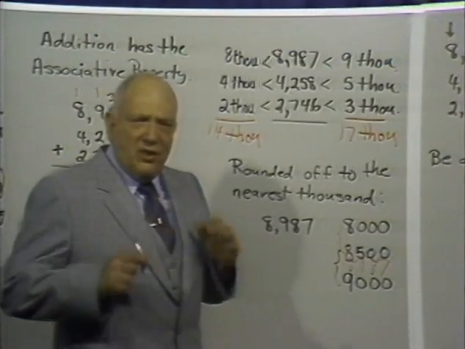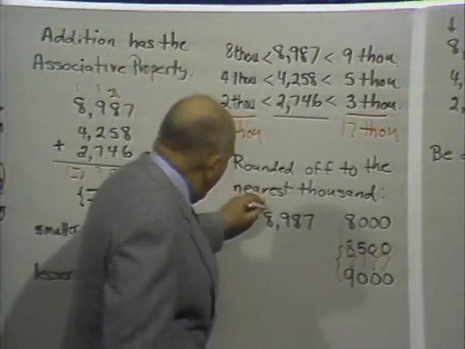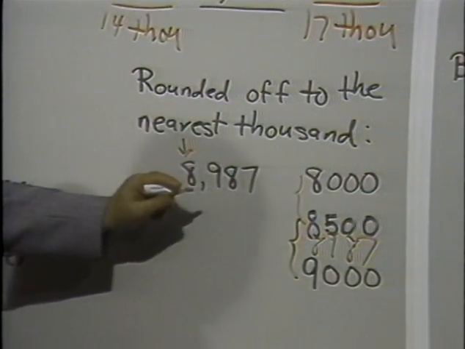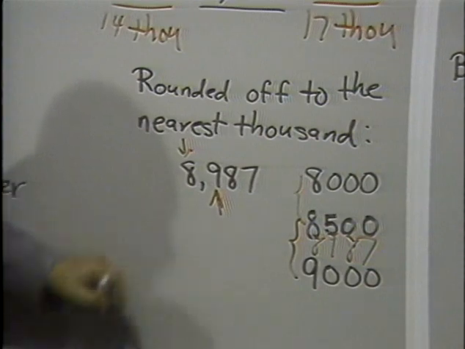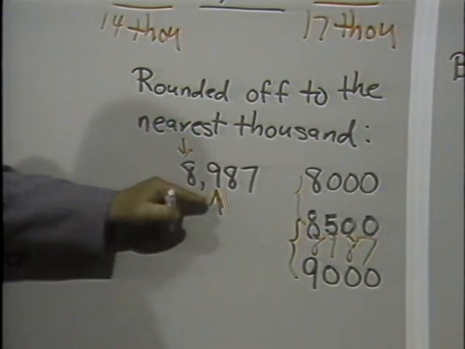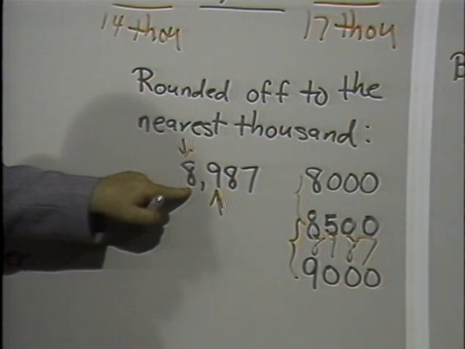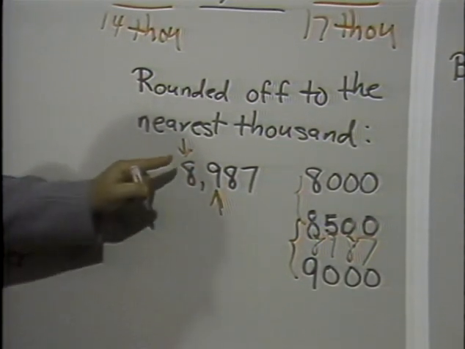In fact, there's a cheating way of doing this. There's a very quick shortcut. What you do is you're counting by thousands. All you do is look to the digit immediately to the right of the one you're counting in terms of. If that's 5 or more, you just replace all of these by zeros and move this up by 1. And if it's less than 5, you replace these by zeros and just leave this the way it is.